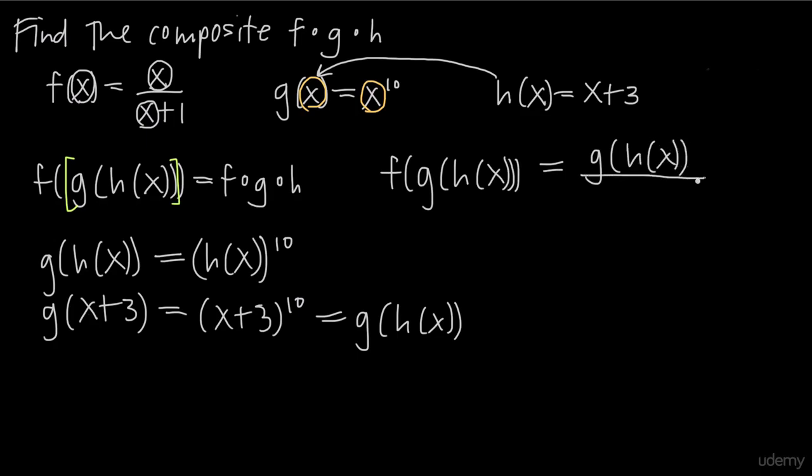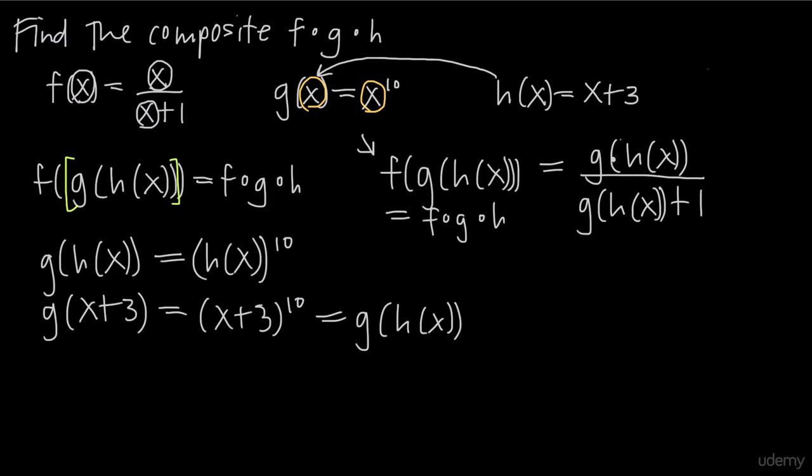And then in the denominator, instead of x right here, same thing, g of h of x, and then of course our plus 1. So in other words, within our function f of x, we're just replacing all of the x's with g of h of x. This value on the left-hand side is what we're looking for. That's the composite. That's equal to f circle g circle h.